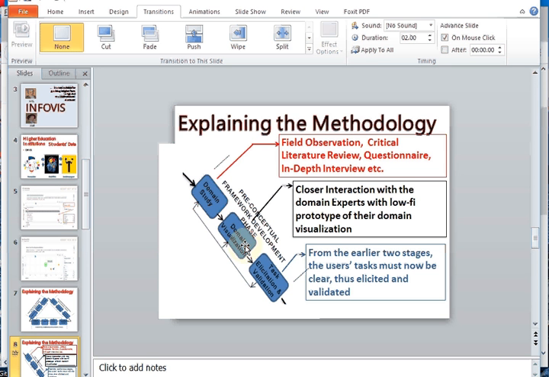So at the last stage, based on these 2 previous stages, the task must be clear at this last stage of task elicitation and validation. What the users are going to be using the decision support system for must be clear, and it must be duly validated.